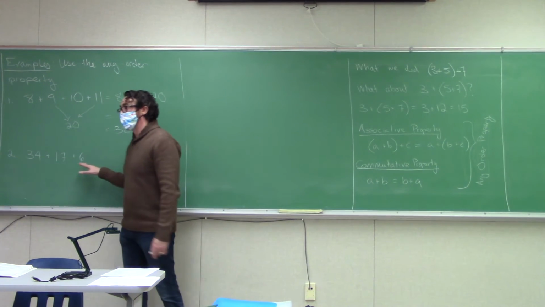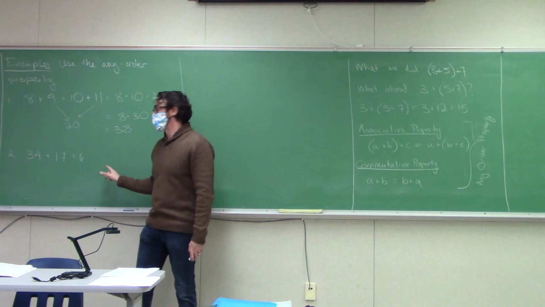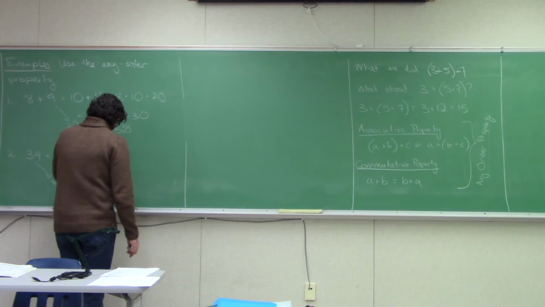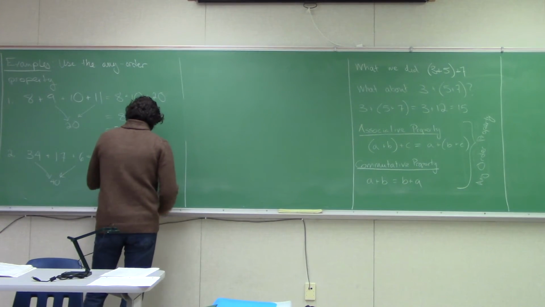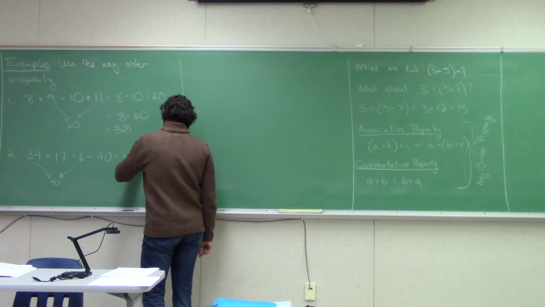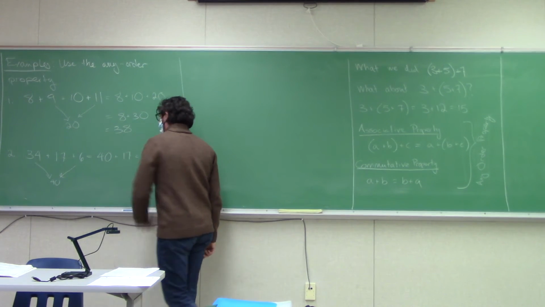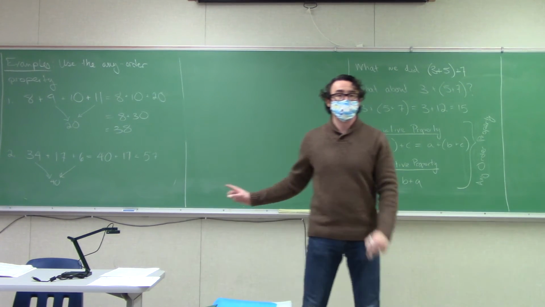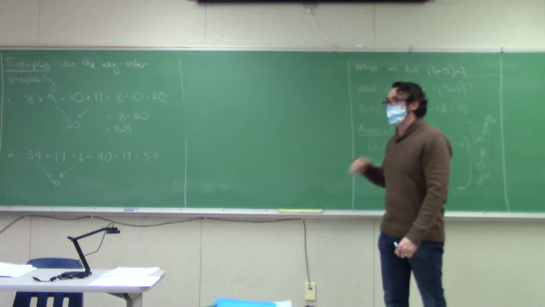Remember, look at the whole thing. Spot tens combinations, 34 and 6. Those are the ones you want to do. 40 plus 17. And what's 40 plus 17? 57. 57, okay?